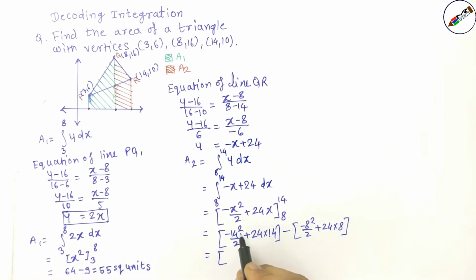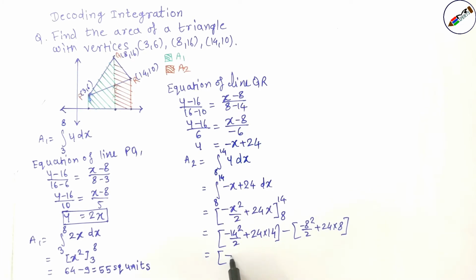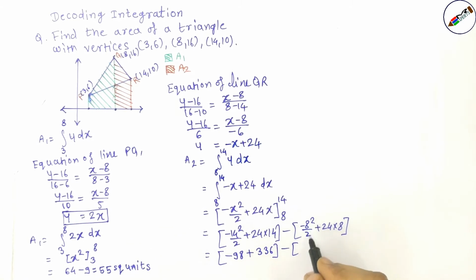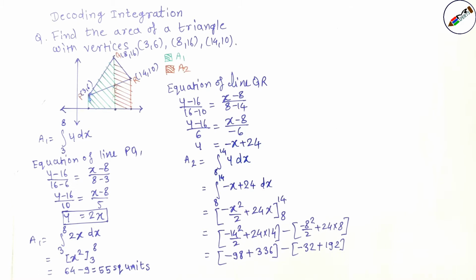So, this will be minus 196 upon 2, which will be equal to minus 98 plus 24 into 14, which is nothing but 336 minus 64 upon 2, which is equal to minus 32 plus 24 into 8, which is 192. After solving this, we get the area as 878 square units.